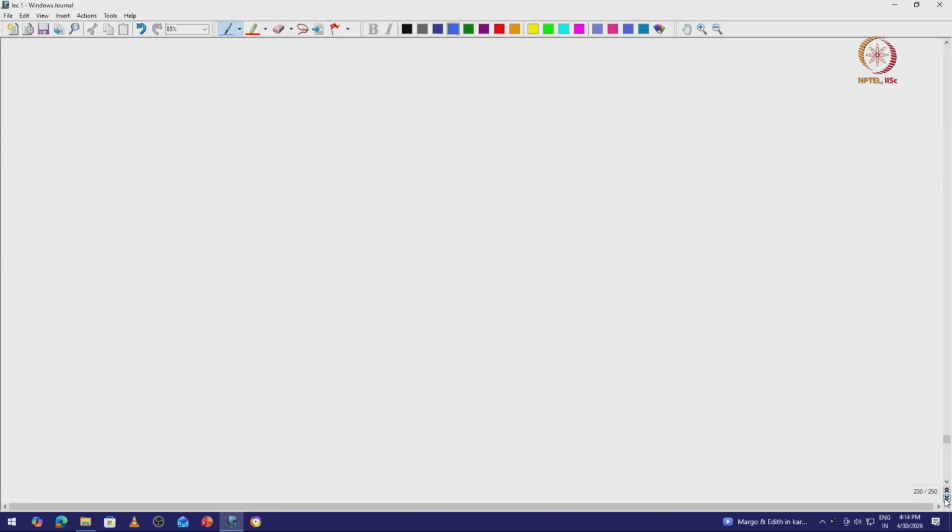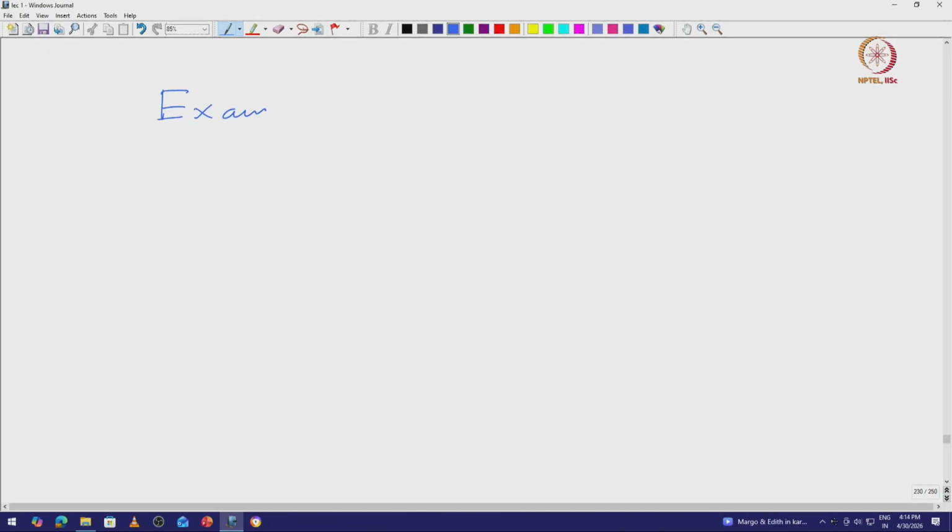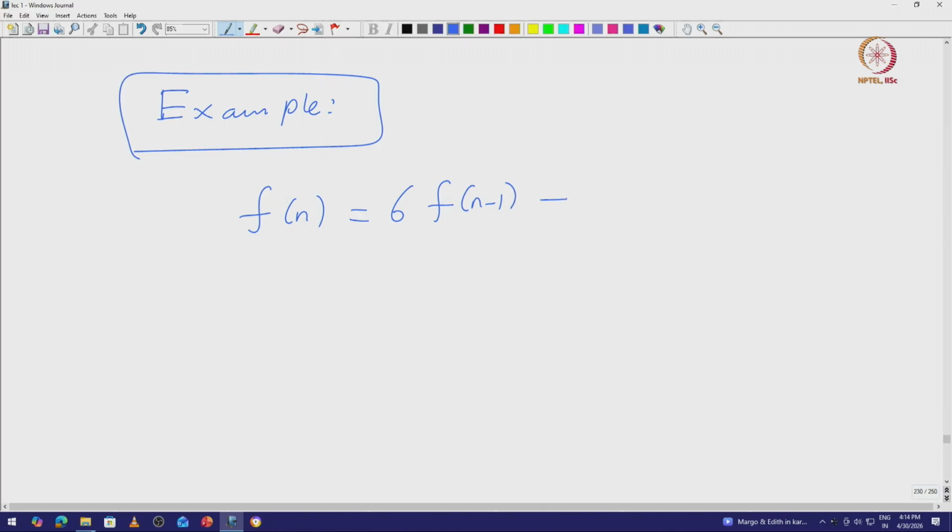Now I am going to end with one small application. We will look at the following equation, and then one can easily write down the solution. This is an example to demonstrate how powerful our method is. Take the recurrence f of n equal to 6 f of n minus 1 minus 9 f of n minus 2, with the conditions f of 0 is 0 and f of 1 is 1.